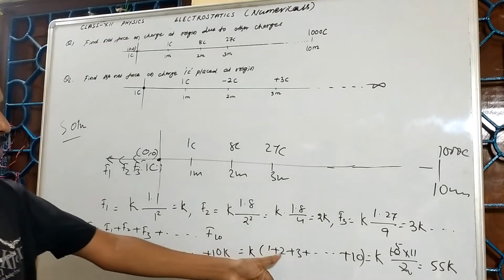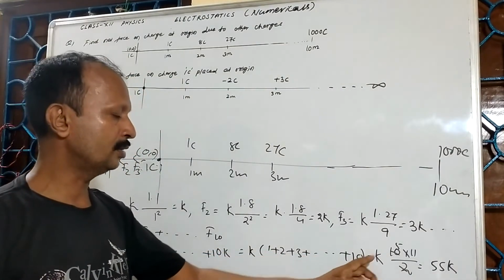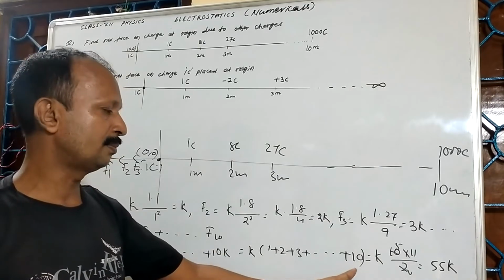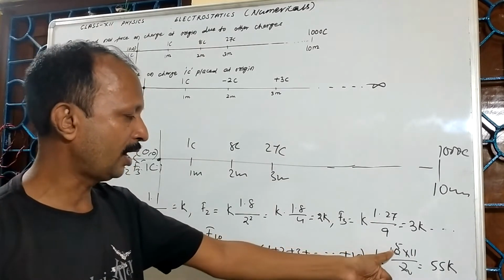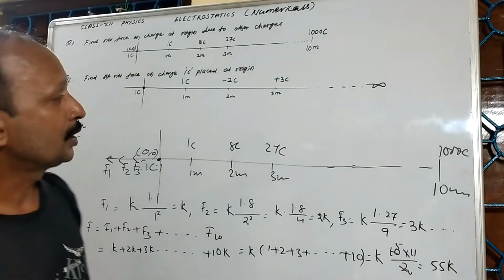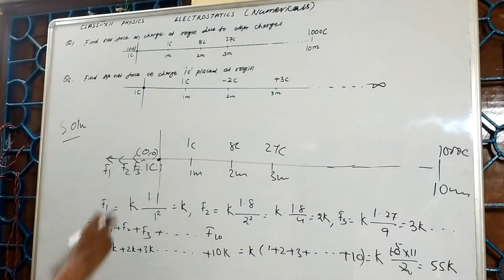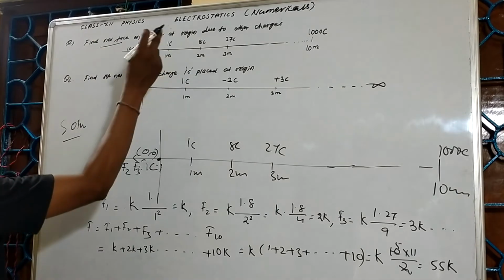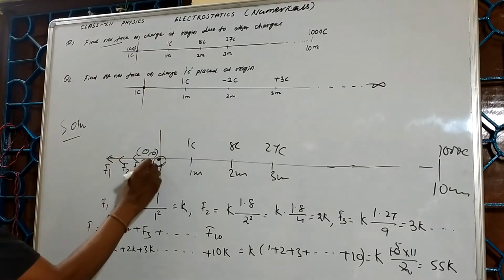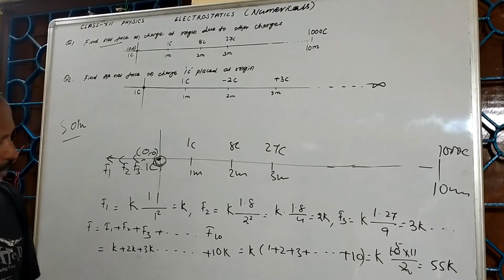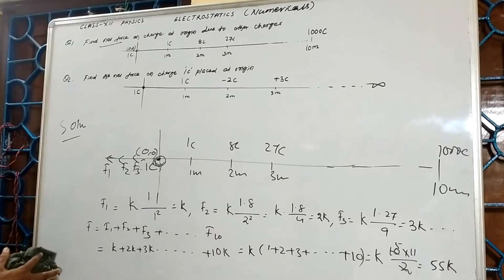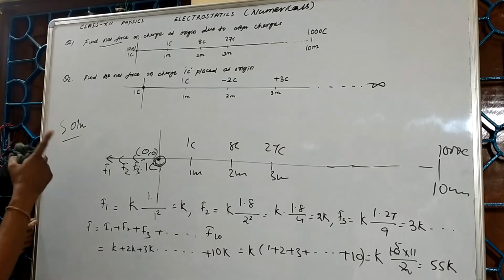So 1 plus 2 plus 3 up to 10: I have written the sum of natural numbers as 10 into 11 divided by 2, that is 5 into 11, which means 55K. So this is the net force on the charge at the origin. I hope you understood this answer properly.